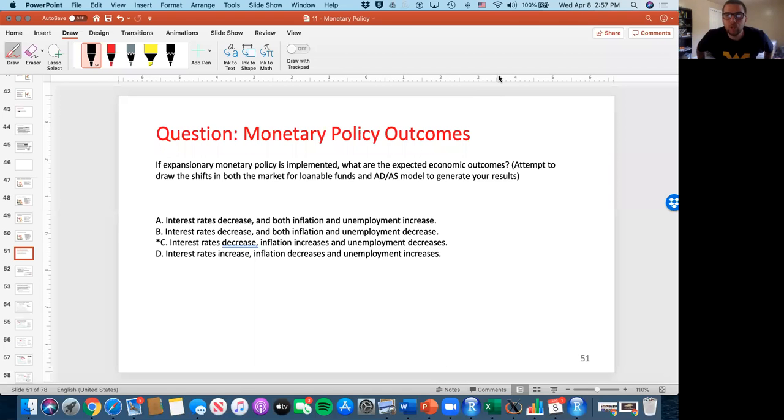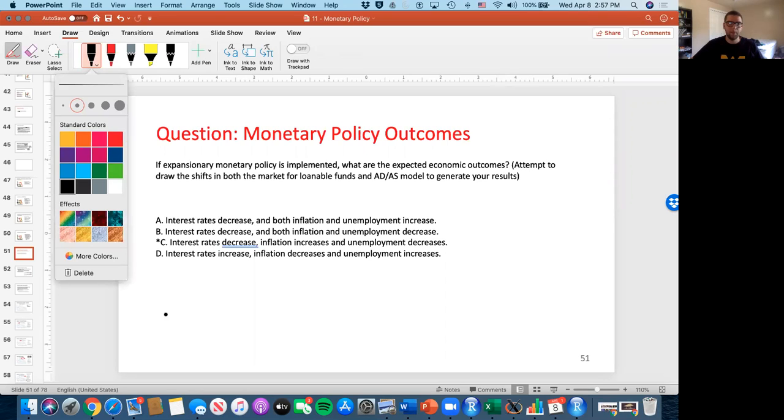So let's do a question together, right? If expansionary monetary policy is implemented, what do they expect as the economic outcome? So we have to do two things: the loanable funds graph with interest rate, and the aggregate demand and aggregate supply graph, right? So let's start doing them.